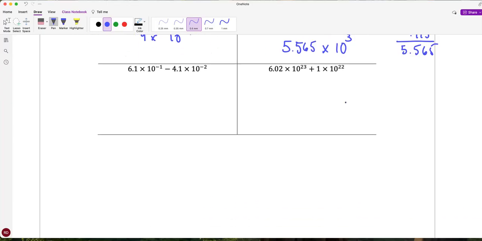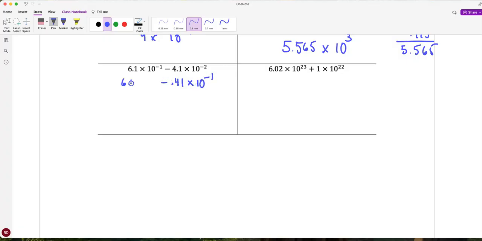Similar with the next one here. In order to get these to be like terms, I can write this as 0.41, okay? That means I just made it smaller by a power of 10, right? I need to make 10 to the negative 2 larger by 1 power of 10.